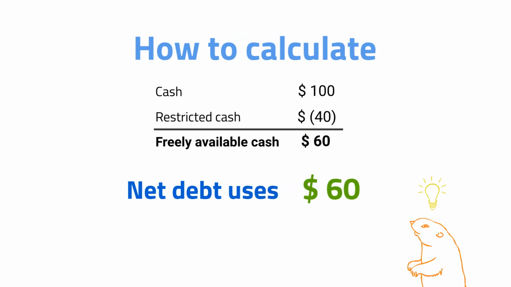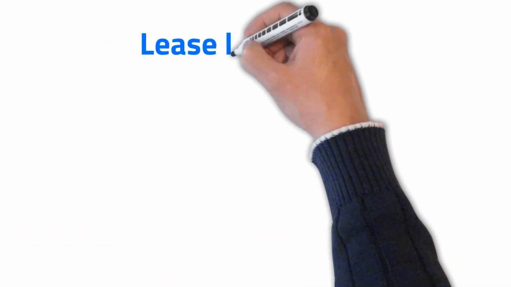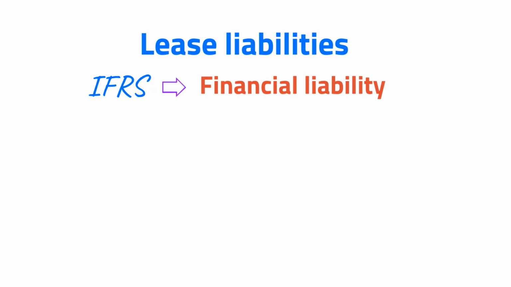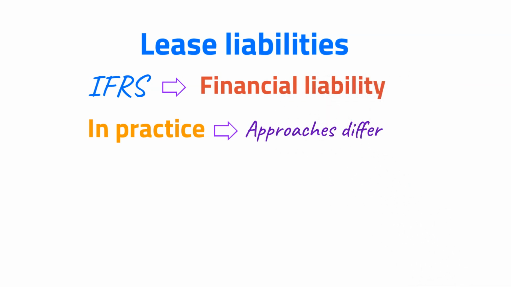Another big discussion for the net debt is lease liabilities. Under modern accounting standards, especially IFRS, leases are recorded as a financial liability and by default included as debt-like obligations. But in practice, the approaches to the treatment of leases differ.